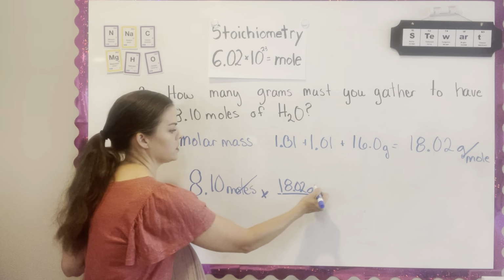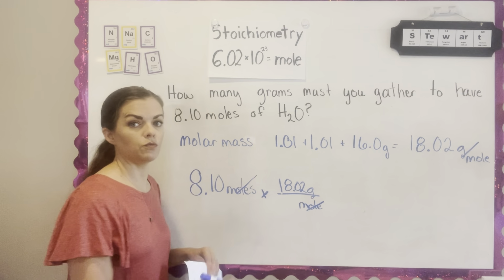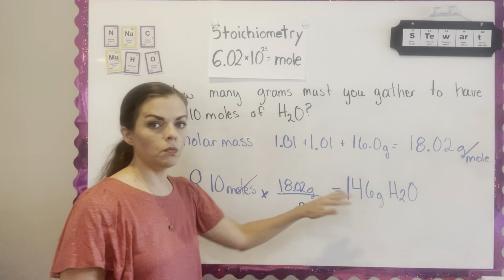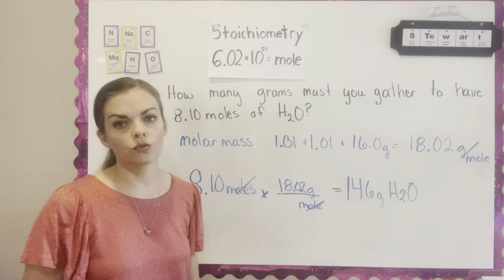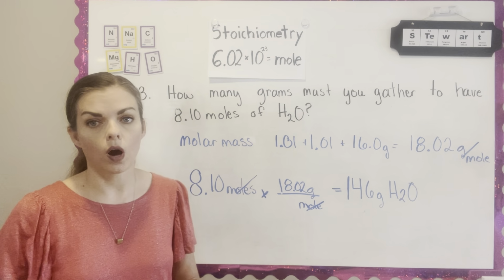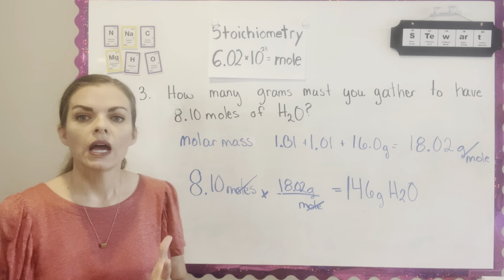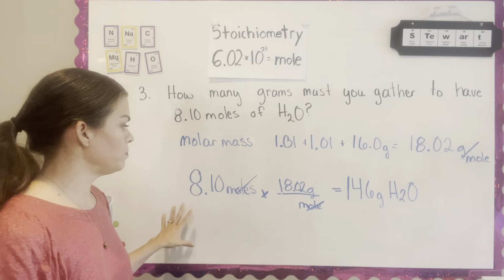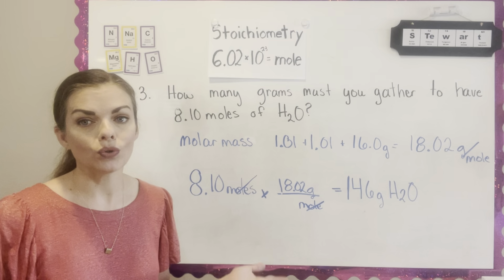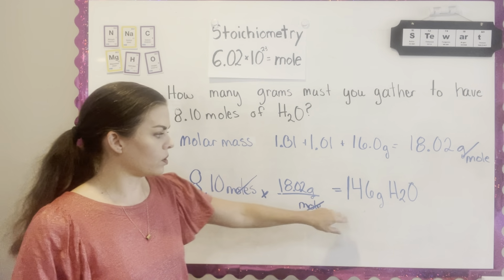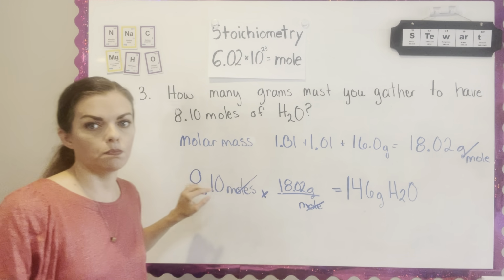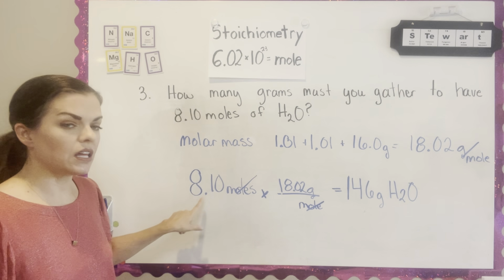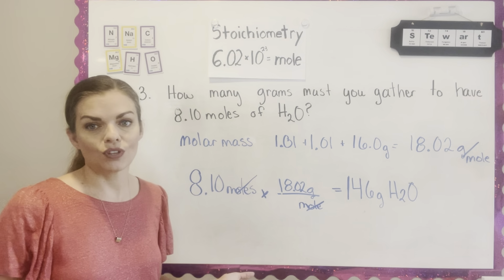And moles is going to cancel out, and I'm going to be left with an answer in grams. When you do the multiplication, you get 146 grams of water. So what that means is, if I took a sample of 146 grams of water, in that would be 8.1 moles of water. Now we're going to report our answer with 3 significant figures because in the data that I put in, I have 3 significant figures.